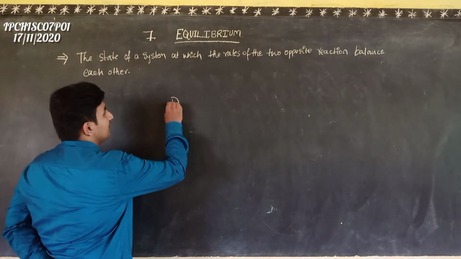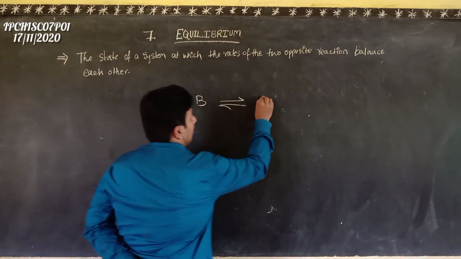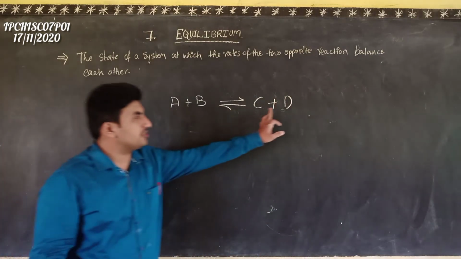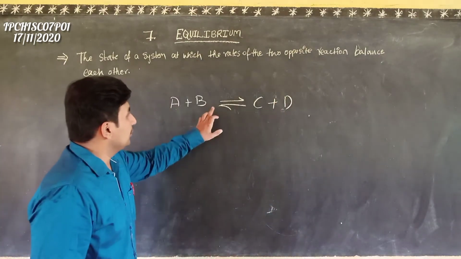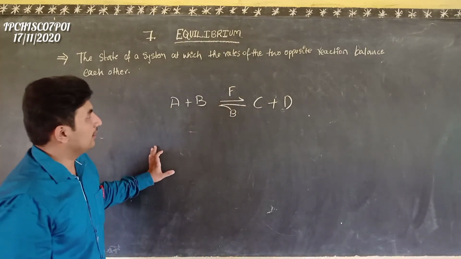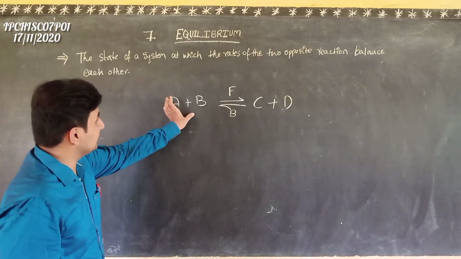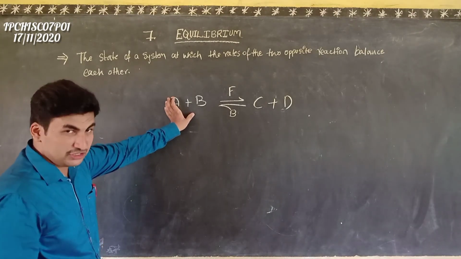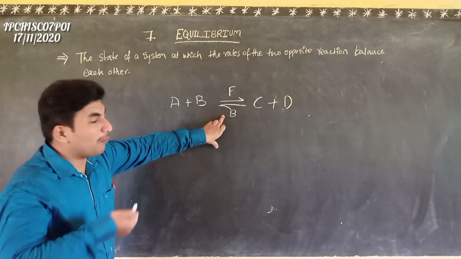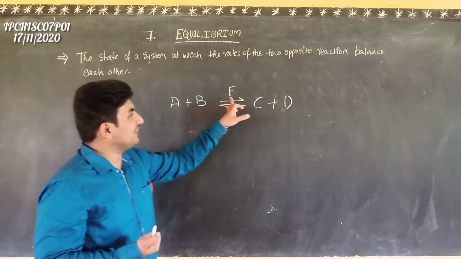I will take the same general example. A plus B reacts to give C plus D. So this is the forward and backward reaction. Equilibrium is a state of a system at which the rate or velocity of the two opposite reactions balance.